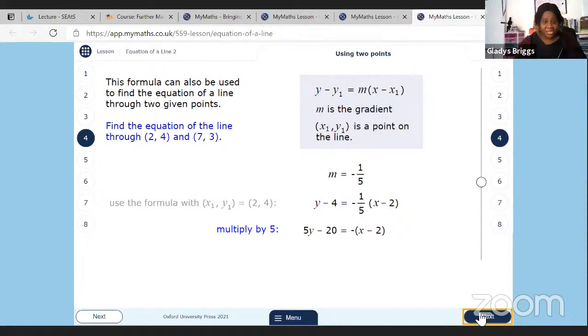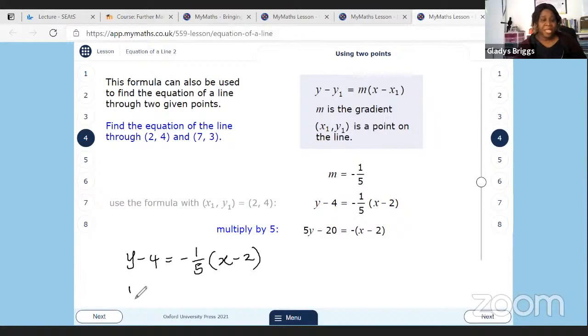If you expand the brackets, let me do it for you here, because sometimes it gets confusing when they are doing it there and you don't see it. y minus 4 is equal to negative 1/5 times (x minus 2), yeah? y minus 4 is equal to, if you want to expand, you can expand negative x over 5 plus 2 over 10.